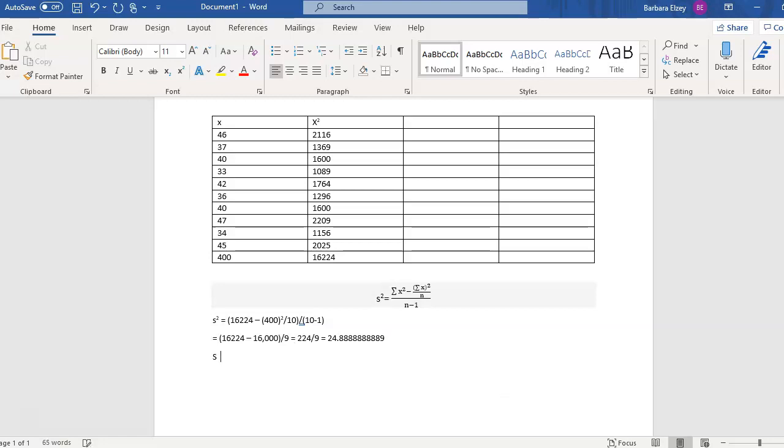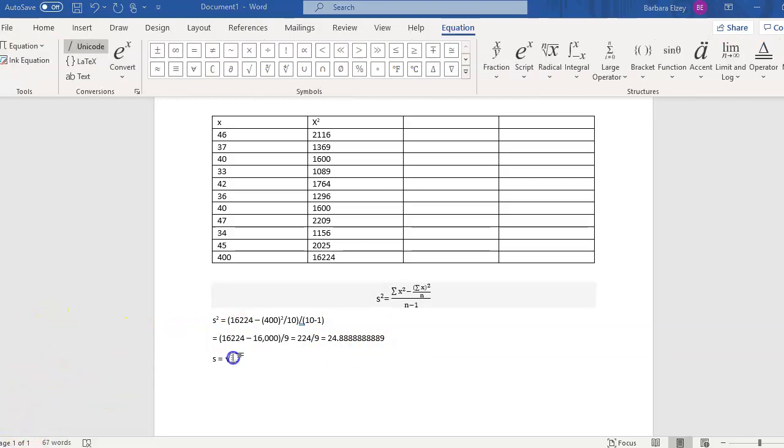So let's get the standard deviation. To get the standard deviation, we're going to take the square root of the variance that we just got, the 24.888888889. Let me find the square root symbol. So we're going to take the square root.